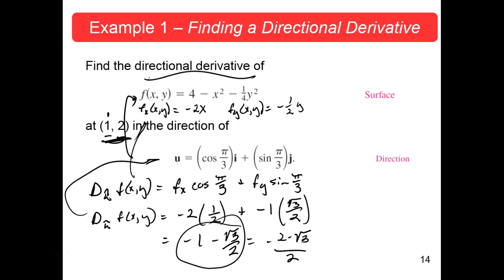So what this means, here we have the x-axis, here we have the y-axis. Our directional derivative is the unit vector at 60 degrees from the x-axis. So it's going to be something like this. And your shape is up here somewhere. But it must be going down because it starts at 4 when x is 0, y is 0.